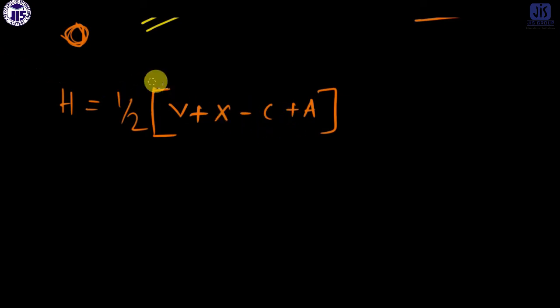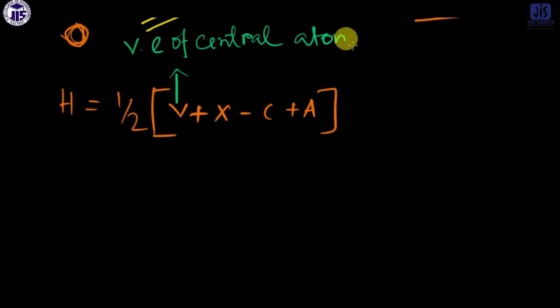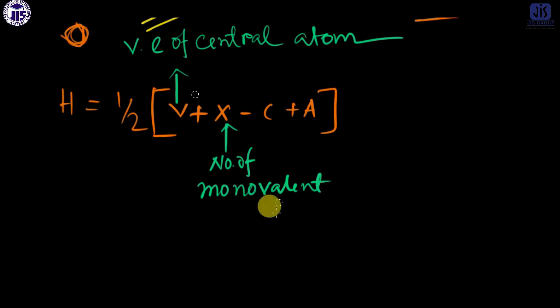Just listen carefully. V is the valence electron of the central atom. What is X? X is the number of monovalent atoms.